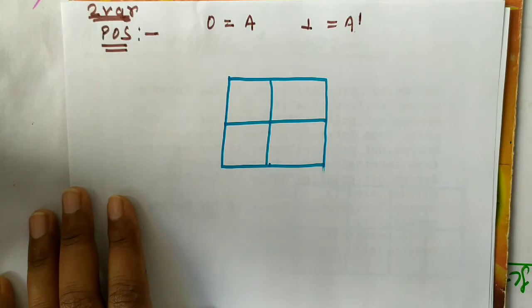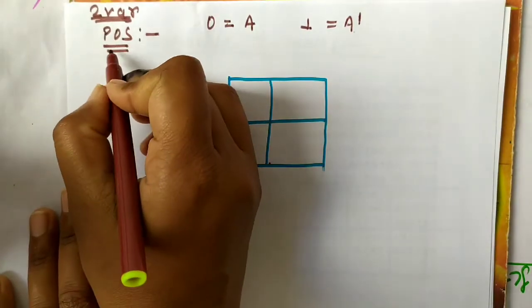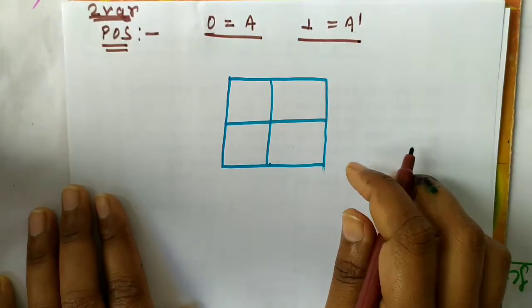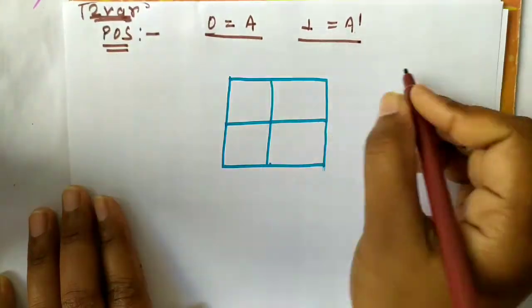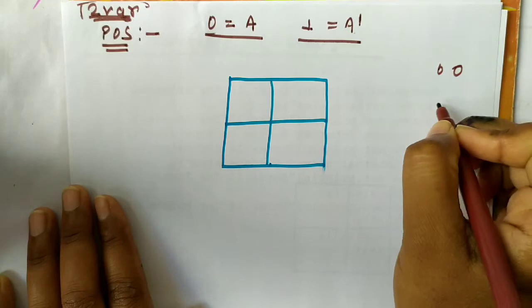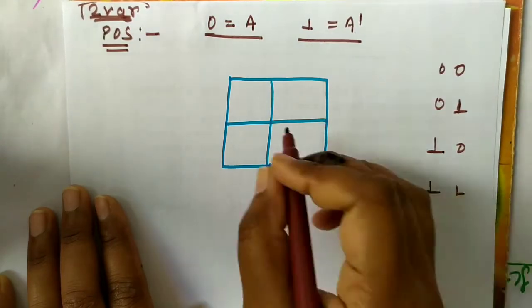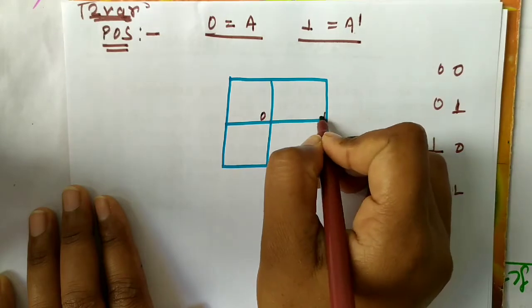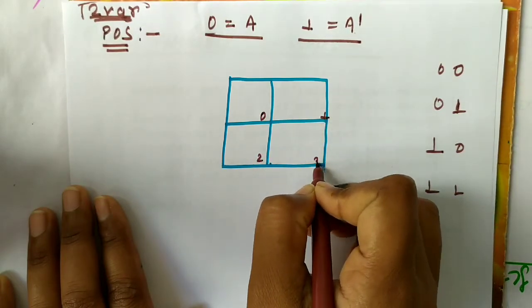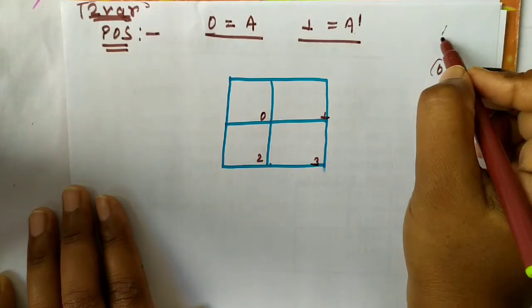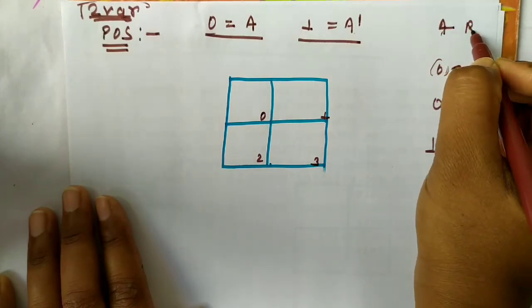Here is also a 2 variable map, again 00, 01, 10, 11, for 0, 1, 2, 3. Here this is A and this is B.